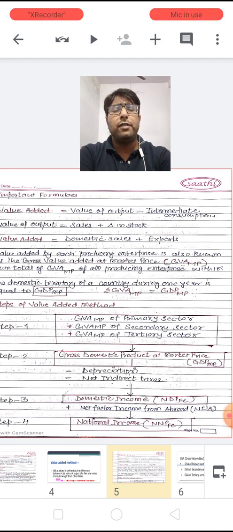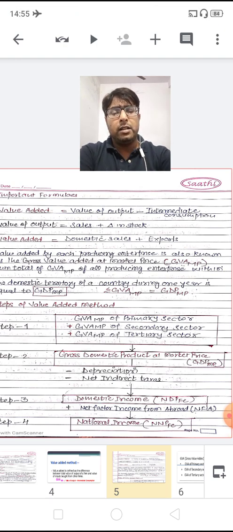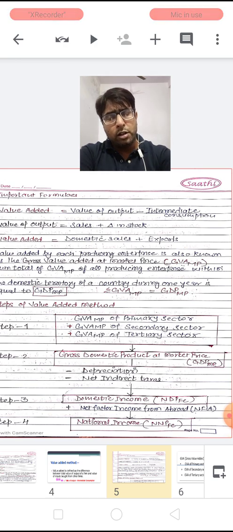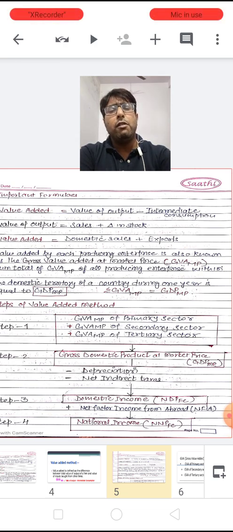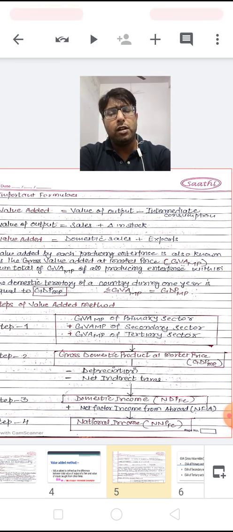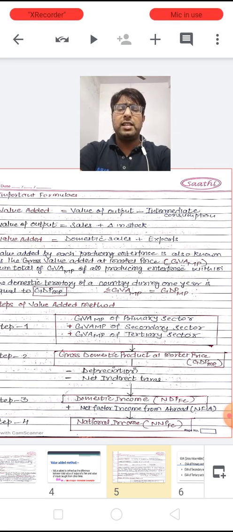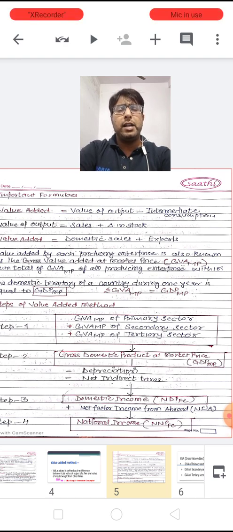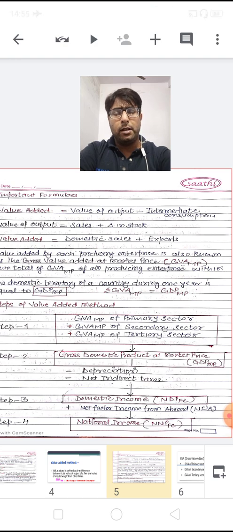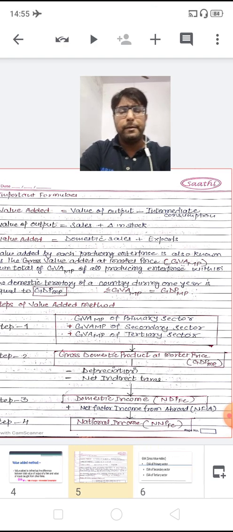Then, adding net factor income from abroad to the domestic income, that is NDP-FC, we get the value of national income, which we write as NNP-FC. So these are the steps we have to follow to find out the value added by each and every sector in the economy.